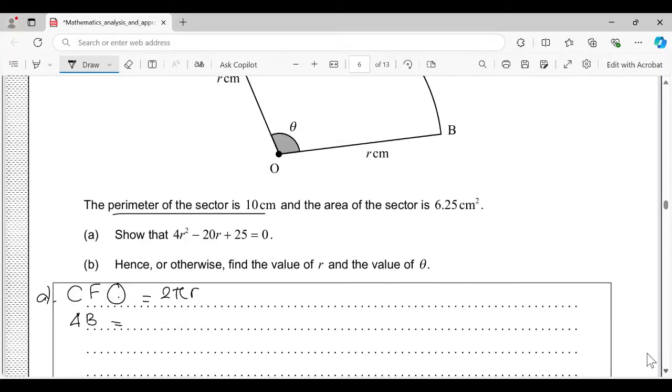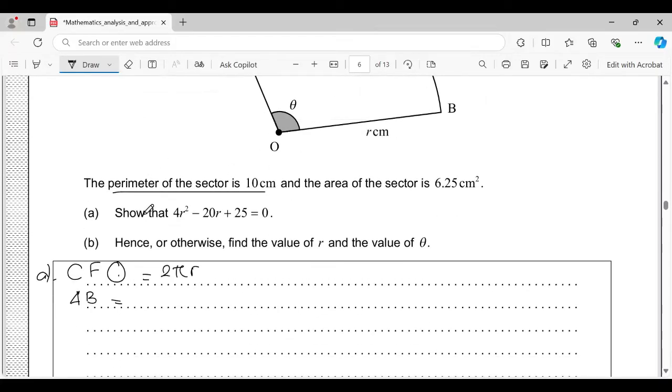AB equals theta, this angle over 360, but I'm going to write 360 in radians, which becomes 2 pi, multiplied by 2 pi r, the circumference of the circle. And the result is theta r.